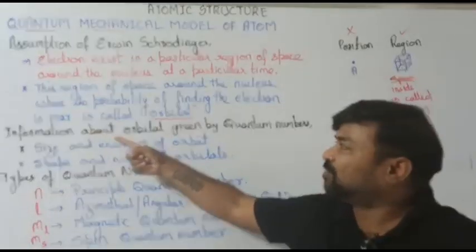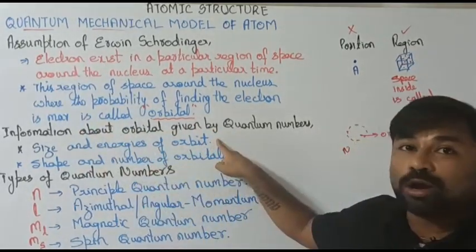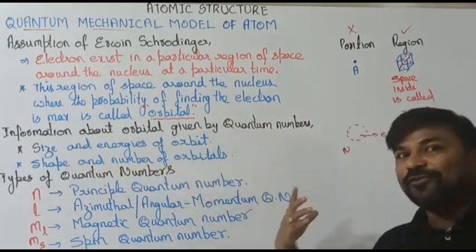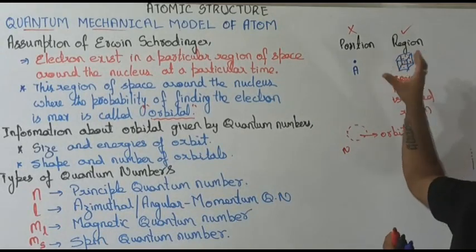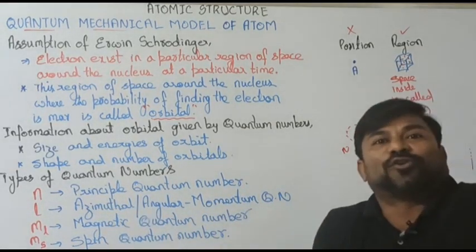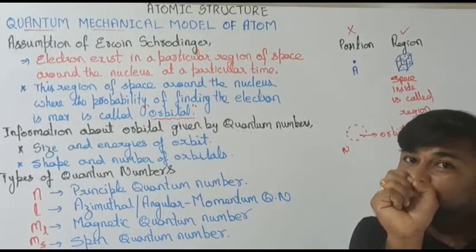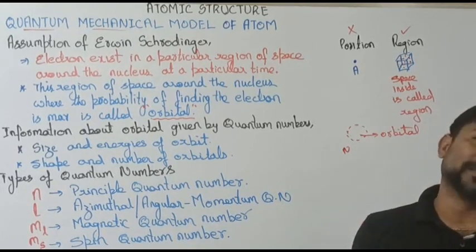Information about the orbital given by the quantum numbers: the size and energy of the orbit, and the shape and number of orbitals present. This is one of the spaces. That region is nothing but an orbital. How many orbitals are there? But you have to remember that every electron present in an orbital has a set of quantum numbers.